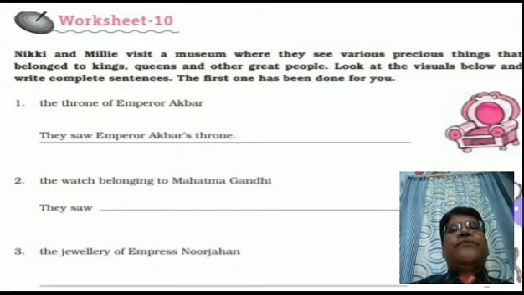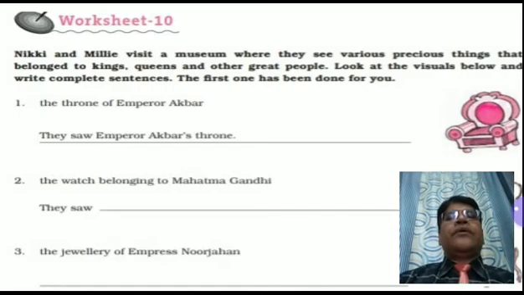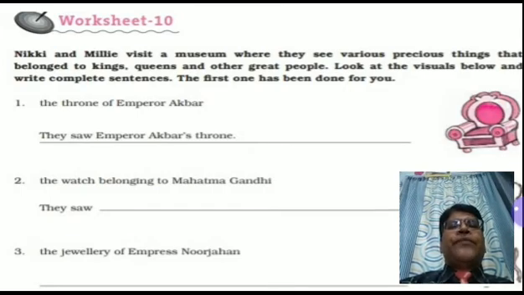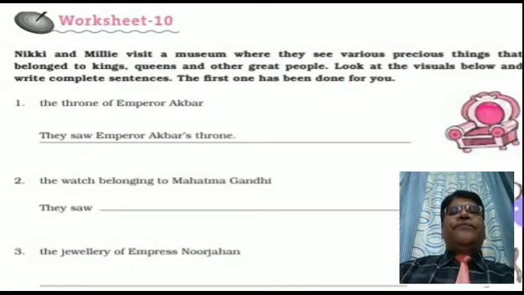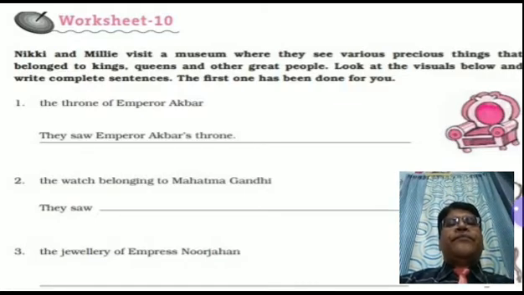They saw Mahatma Gandhi's watch. This is how you have to fill in this second blank. They saw Mahatma Gandhi's, apostrophe s, Mahatma Gandhi's watch. Now the third one, the jewelry of Empress Nur Jahan.